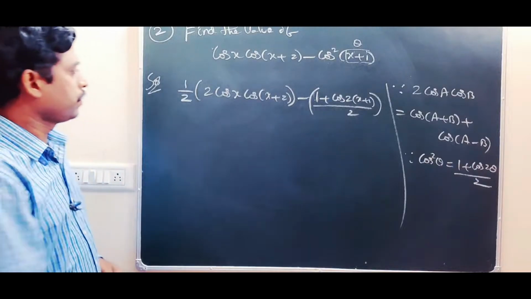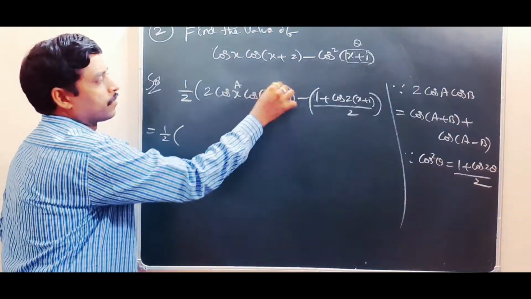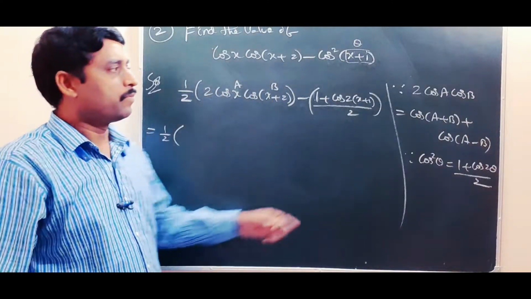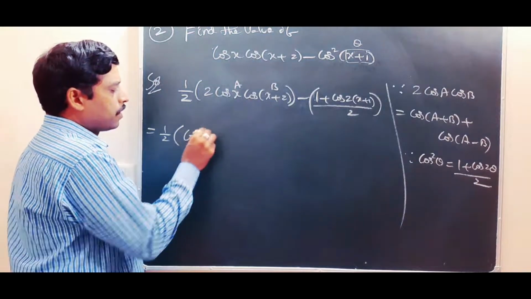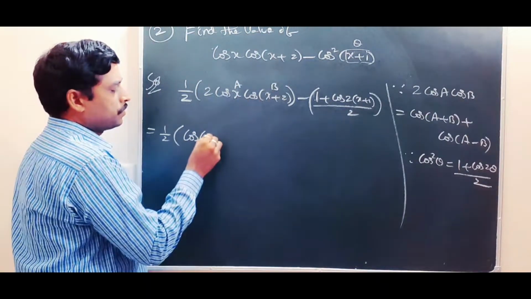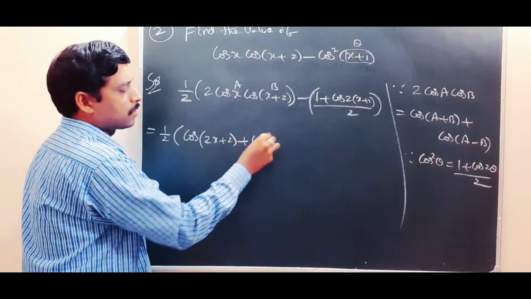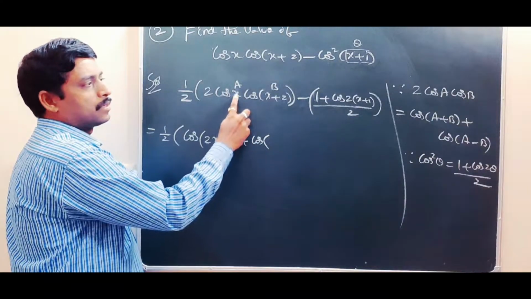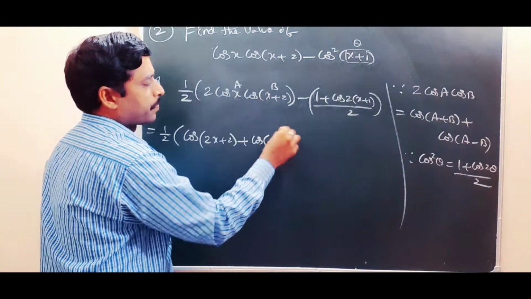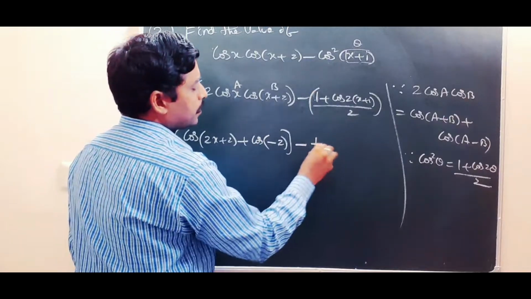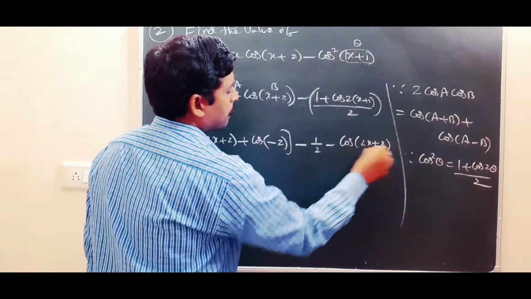So it will be 1 by 2 times 2 cos A cos B. Using the 2 cos A cos B formula, we have cos A plus B plus cos A minus B. Cos of A plus B is 2x plus 2, plus cos of A minus B, x minus x plus 2, which will be minus 2. So minus 1 by 2 minus cos 2x plus 2 by 2.